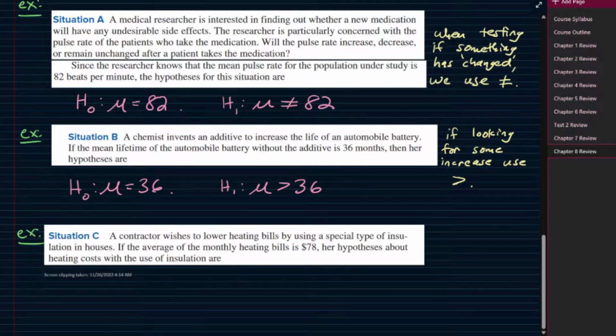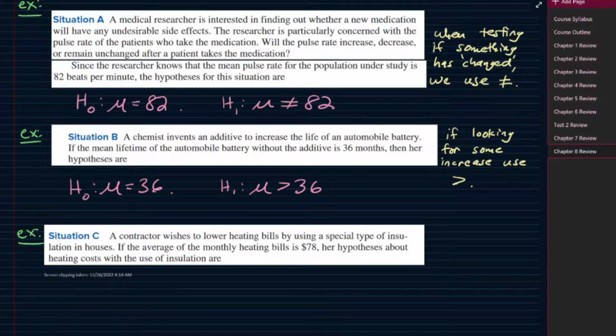And another one here, a contractor wishes to lower heating bills by using a special type of insulation in houses. If the average of the monthly heating bills is $78, her hypotheses about heating costs with use of insulation are, well, without the insulation, the average monthly heating bill of a tenant is $78.